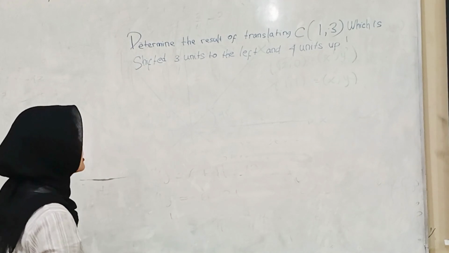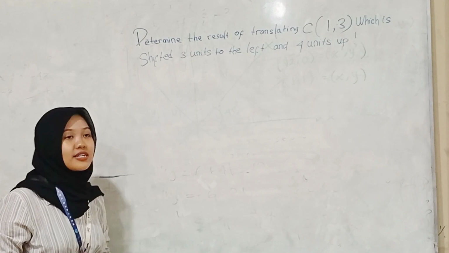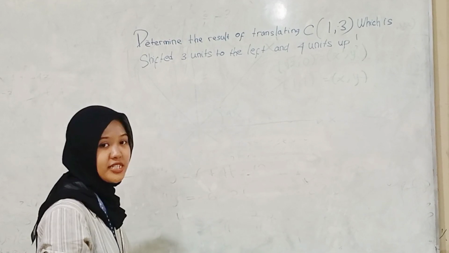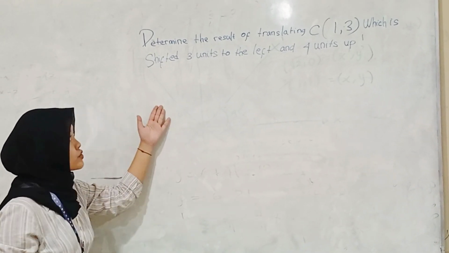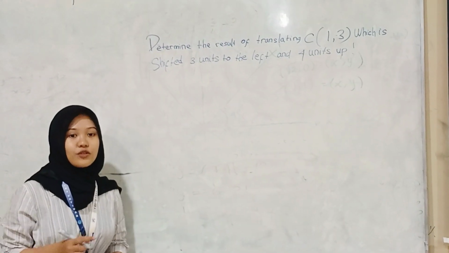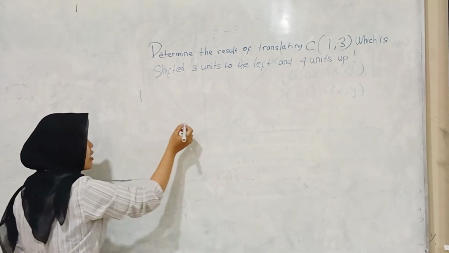We have another example. Determine the result of translating C (1, -3), which is shifted 3 units to the left and 4 units up. How do we solve this? First, we write down the formula.